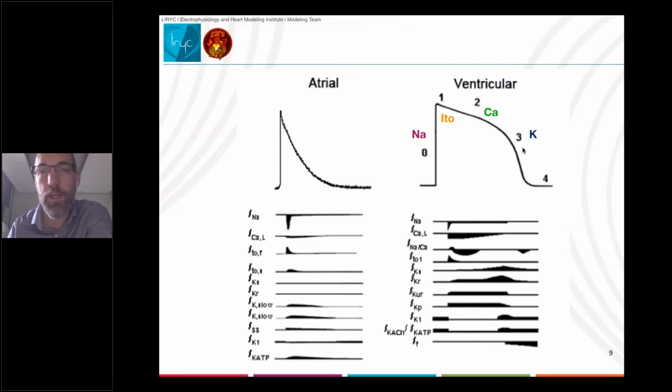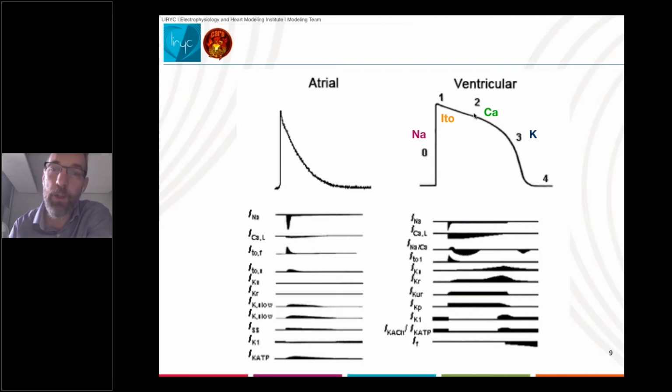We talk about phases of the action potential. We have the rapid upstroke, which is called phase 0, which is caused by the opening of the sodium channels. There's a phase 1, which doesn't really show up that well here, a rapid sort of depolarization down, which is caused by the transient outward potassium current.